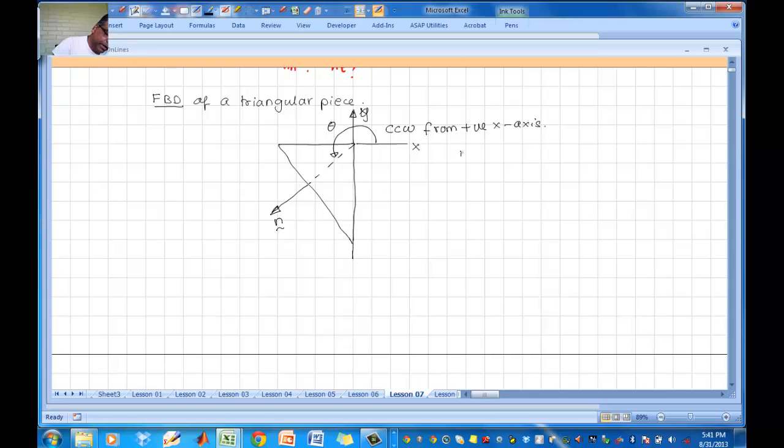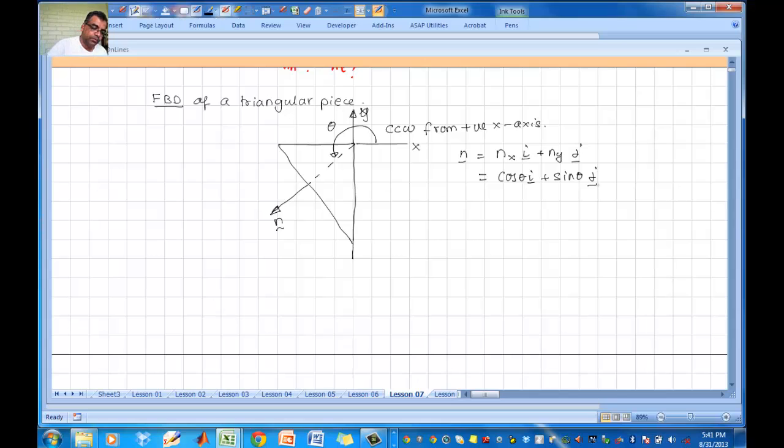So the normal vector will have component nx in the i direction, ny in the j direction, both of them negative. You can see that the normal is in the third quadrant. And that will turn out to be cos theta i plus sin theta j. You're saying, hey, wait a minute, what about signs? That's the beauty of measuring theta from the positive x-axis. Theta is more than 180 degrees, so both cos theta and sin theta are negative.